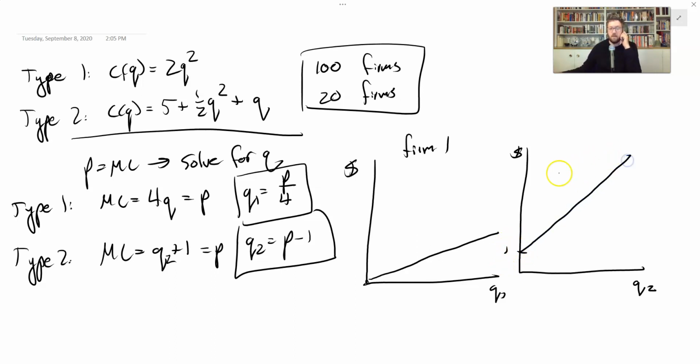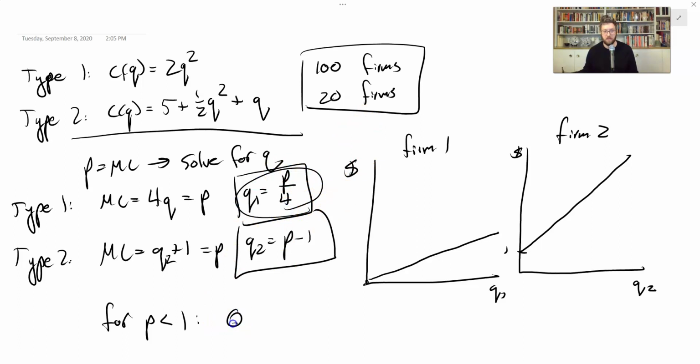Okay, this is firm 2, and so when we combine these two markets, we get something a little funny. For a price less than 1, we have basically all of the supply from the first type of firm. So for that case, Q is equal to 100 times Q1.